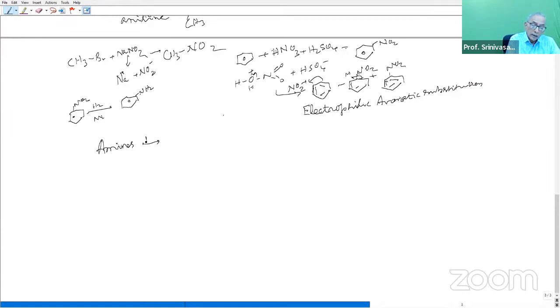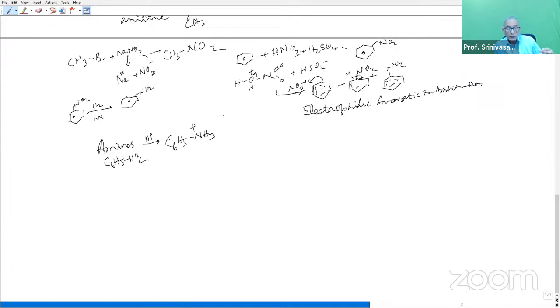If you add H plus, in HCl or sulfuric acid, say this amine is C6H5NH2, this will become C6H5NH3 plus. So this has a high basicity, and protons easily get attached to the nitrogen atom.